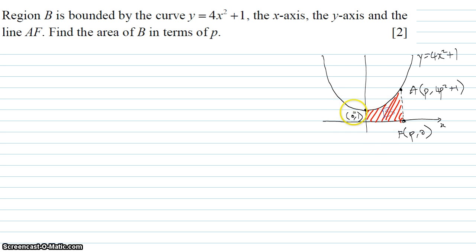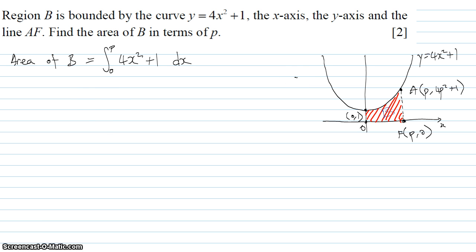Okay, so how do I find that? Well, this area is just going to be the area under the curve between 0 and p, right? And the area under the curve is just the definite integral. So the area of B is just going to be the integral from 0 to F, which is x equals p, of this curve, 4x² plus 1, with respect to x.